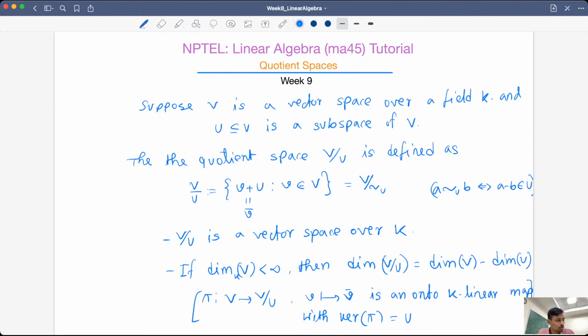Another thing is the codimension. The codimension is defined as follows.